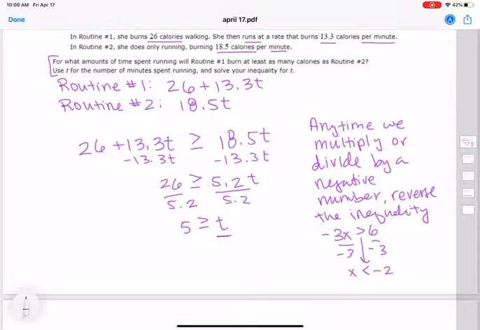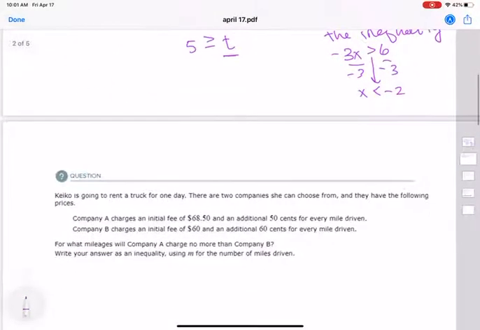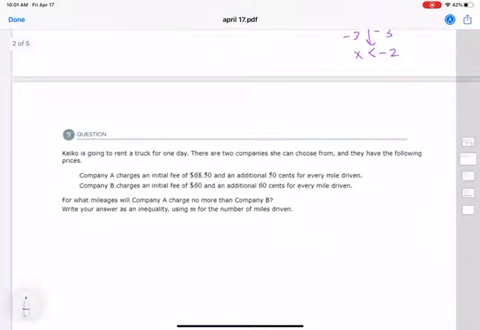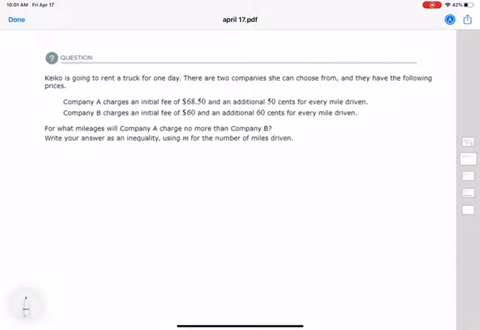The next one talks about renting a truck for a day. Company A charges an initial fee of $68.50 and an additional 50 cents for every mile driven.